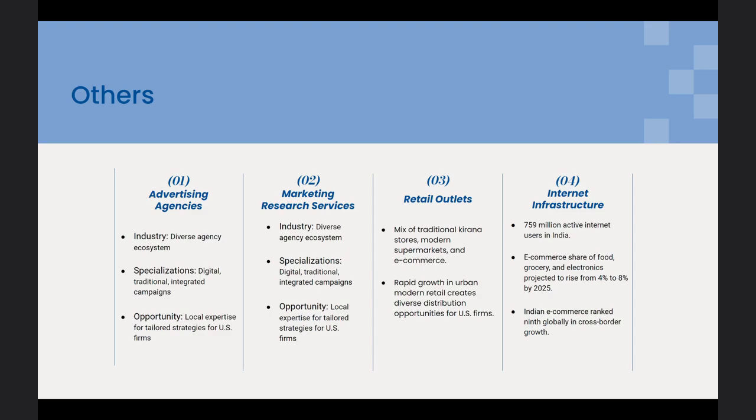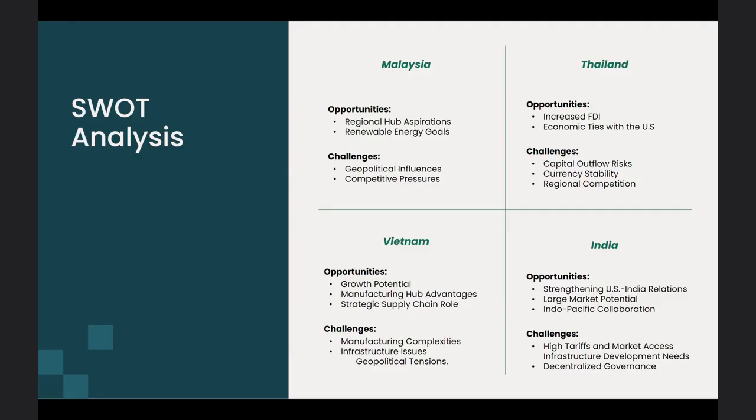Looking at the SWOT analysis, according to the SWOT analysis, US companies entering the Asian market face diverse opportunities and challenges. India offers potential in technology and manufacturing, boosted by strong bilateral relations and a tech-savvy workforce.